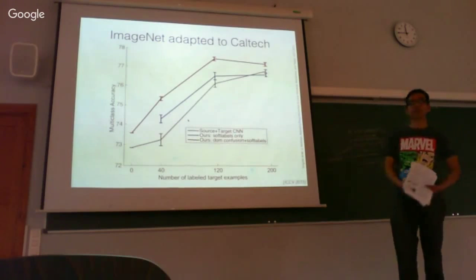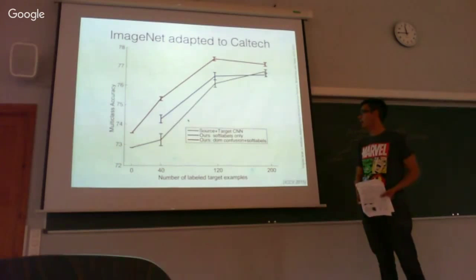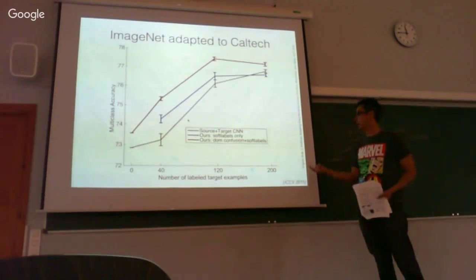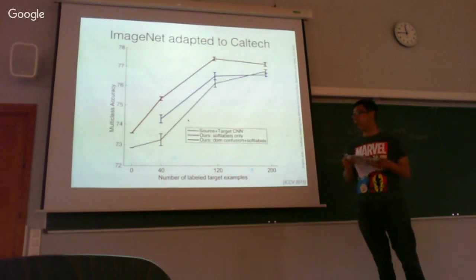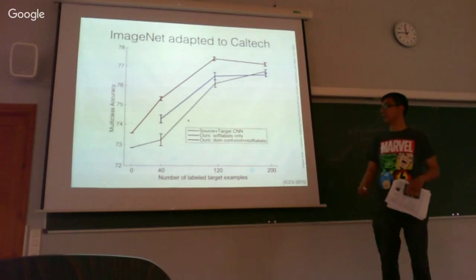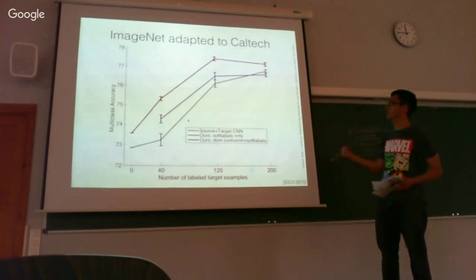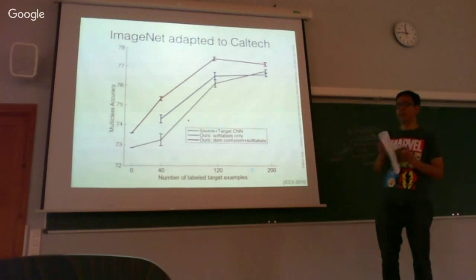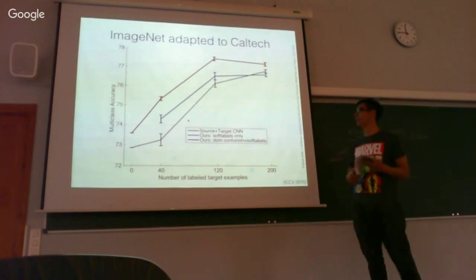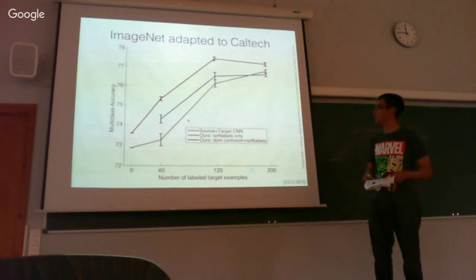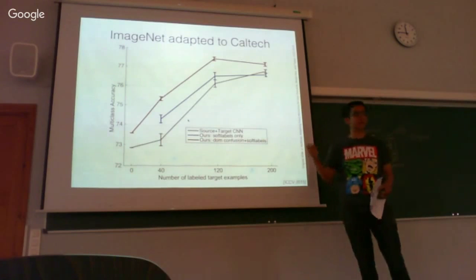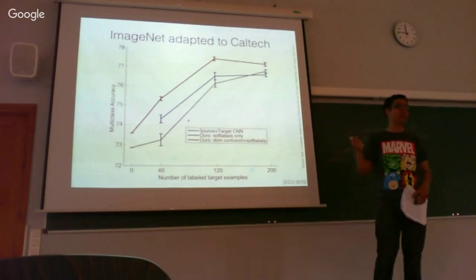This plot shows the results. Here the x-axis doesn't correspond to the number directly. So 14 is for 1, 120 is for 3, and 200 is for 5. But it's really the same as in the paper. They try the source and the target CNN.